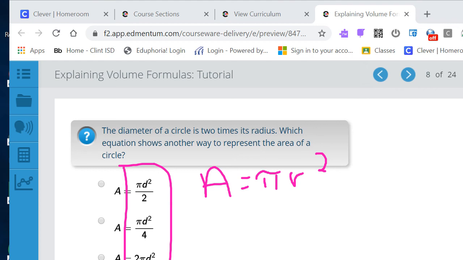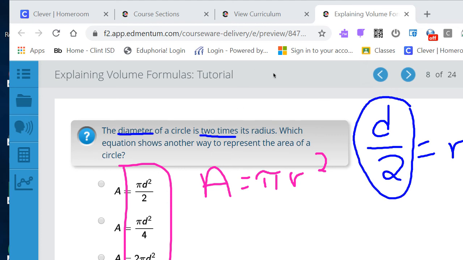But we did learn that the diameter is 2 times the radius, okay? The diameter is 2 times the radius. So if I have diameter and I want to find the radius, remember you have to divide the diameter by 2, and that's always going to give me the radius every single time. So what I'm going to do is I'm going to plug in this into my formula in place of the radius. Everything else is going to stay the same.